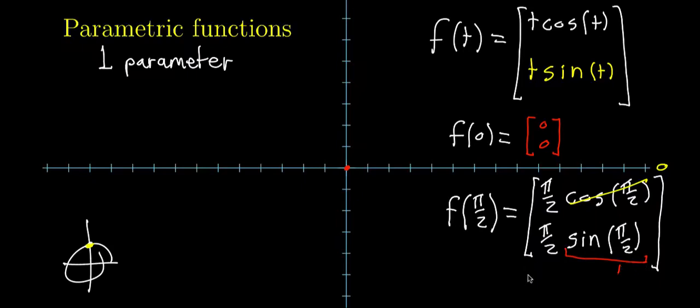Which means that the vector as a whole is going to be 0 for the x component and then pi halves for the y component. And what that would look like, the y component of pi halves is about 1.7 up there, and there's no x component, so you might get a vector like this.